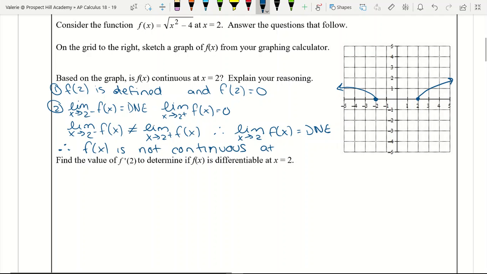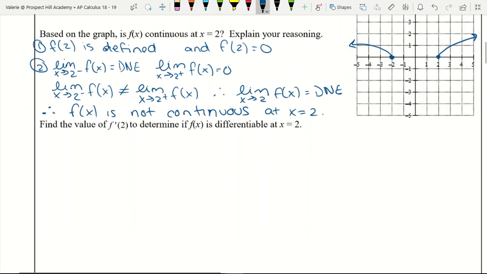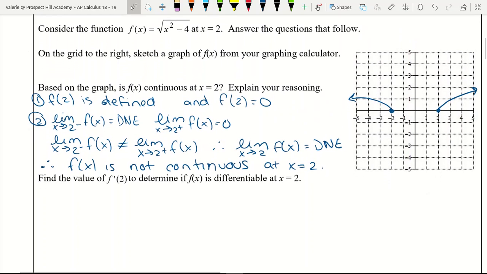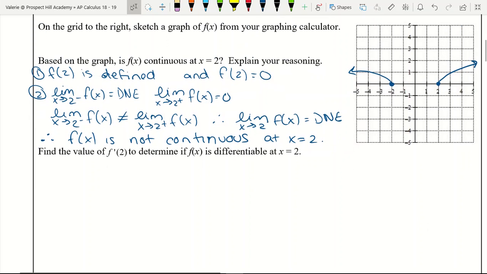Now we want to find the derivative of f at 2. We could do this a few ways. One way you could do it is plugging this into a calculator, like we've practiced, to find our answer. I'm going to do all the work out so that you can understand and see how the derivative is found. Our function is f of x equals, I'm going to rewrite this function as x squared minus 4 all to the 1/2.